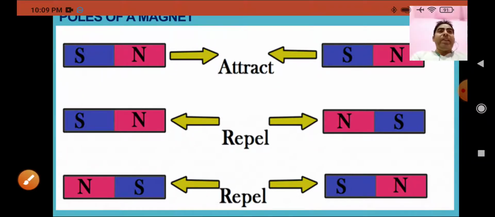Magnetic poles always exist in pairs. If a magnet is broken in the middle to separate the poles, one finds new poles formed at the broken end.